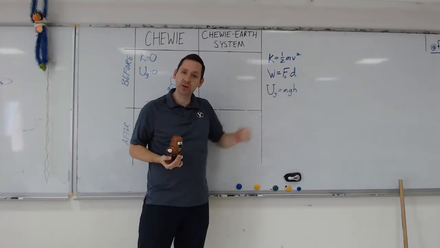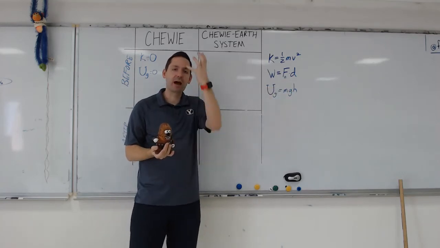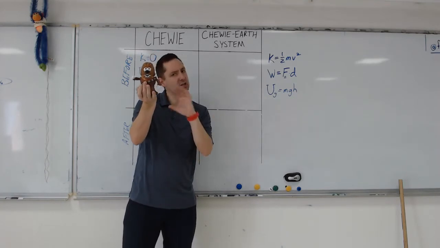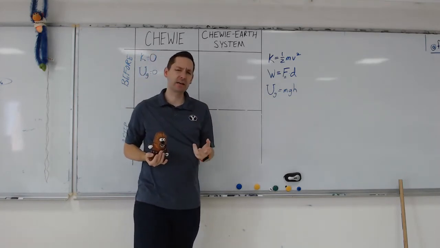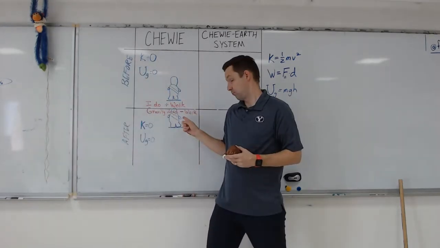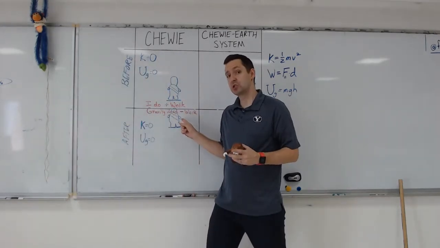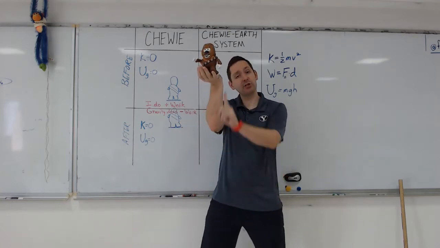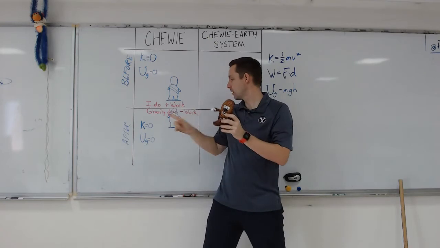Force is a vector. The direction matters. If gravity's pulling down and he's moving up, then the directions are opposite. That means that gravity is doing negative work. So I do positive work because I'm pushing in the same direction of the motion.